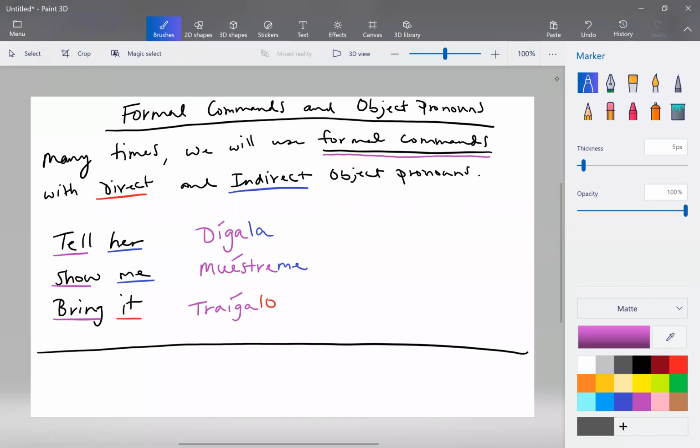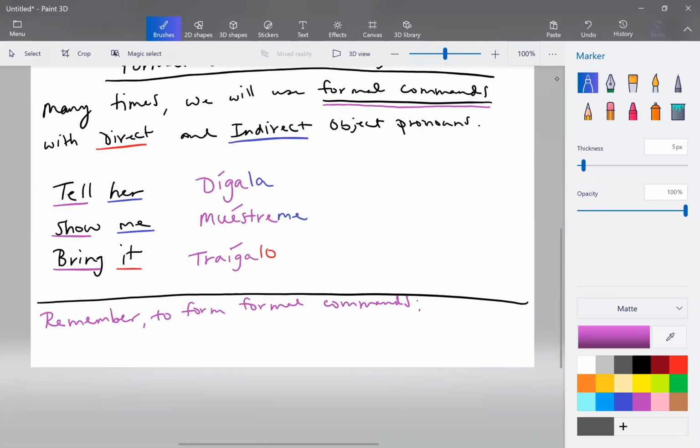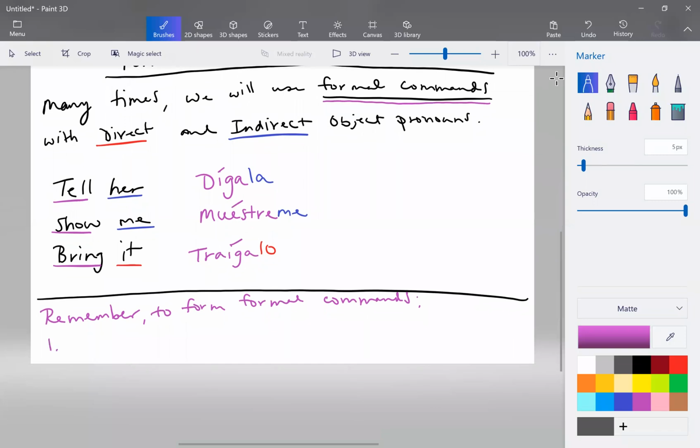The first thing we should remember is how to form our formal commands. Our first step is to go to the yo form, the present tense yo form.